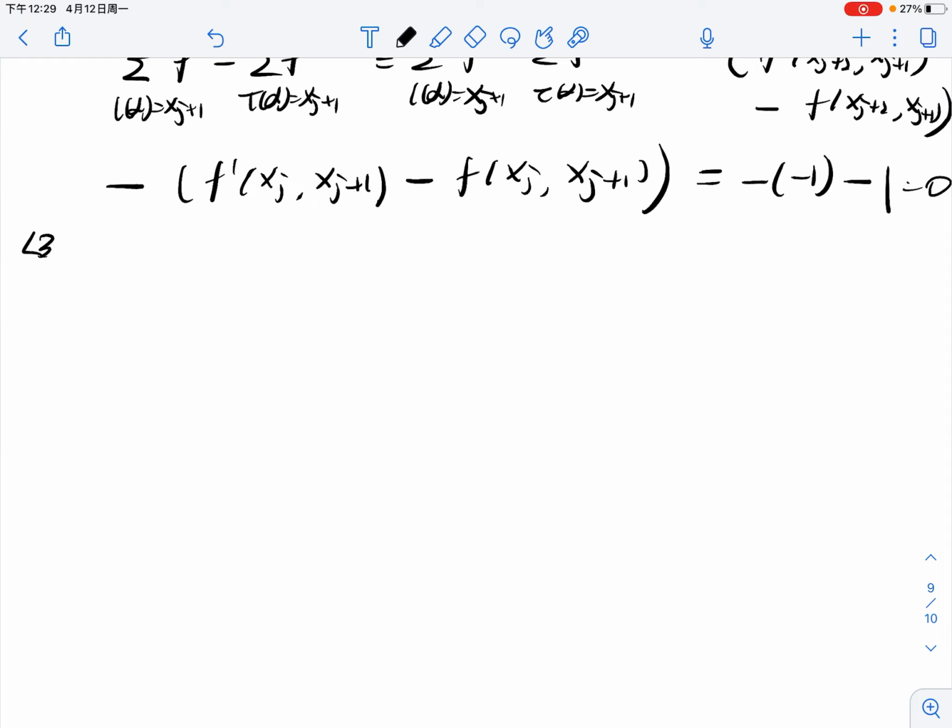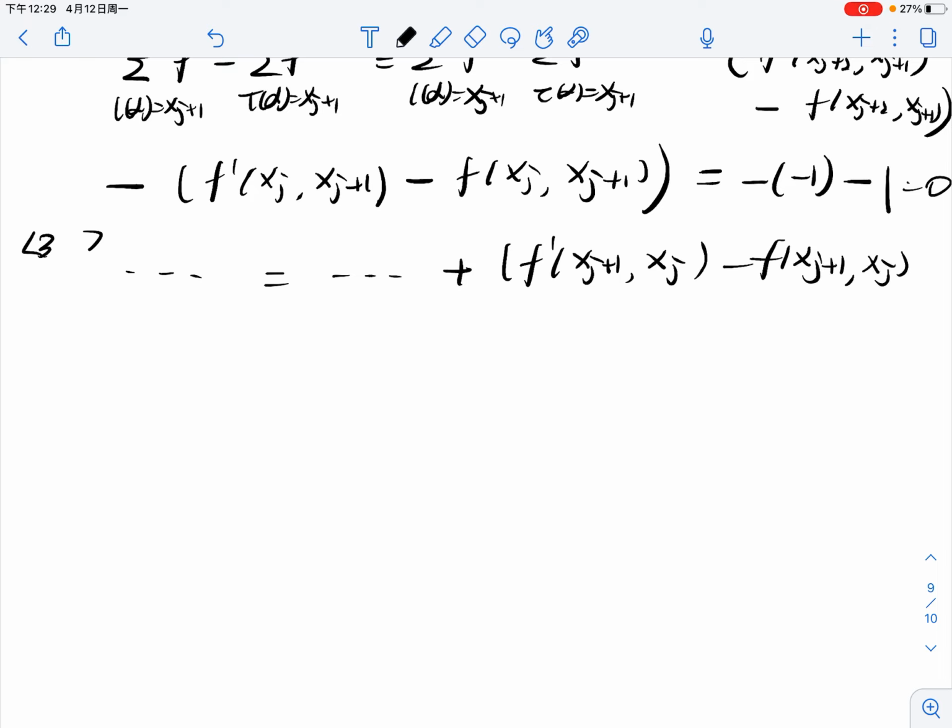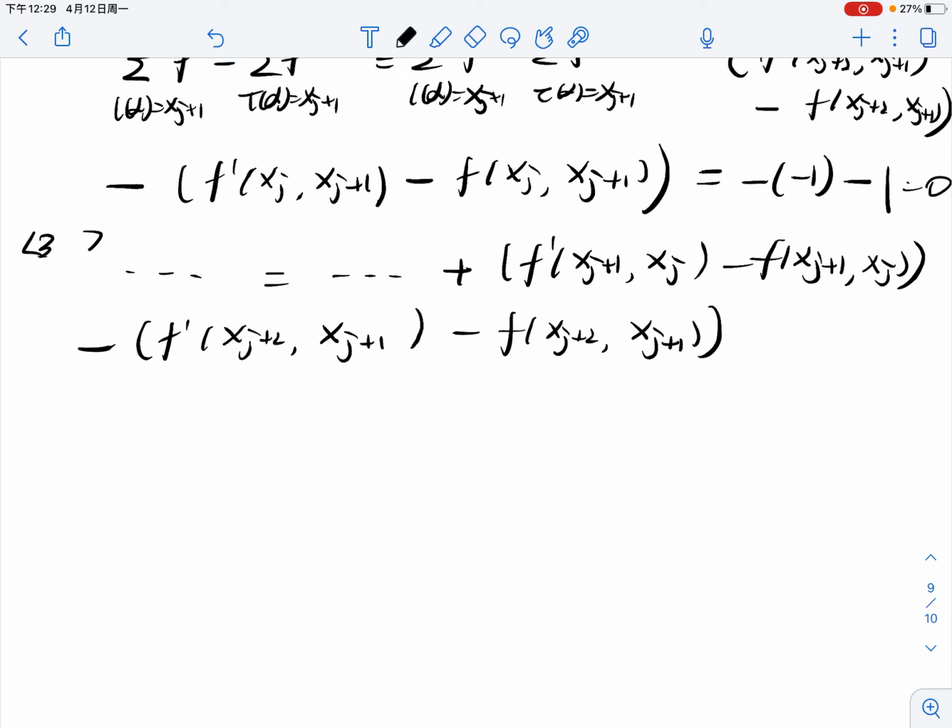Okay, and then for 3, we have plus f prime of (xj plus 1, xj) minus f of (xj plus 1, xj) minus f prime of (xj plus 2, xj plus 1) minus f of (xj plus 2, xj plus 1). And this is minus 1 minus minus 1, which is 0.